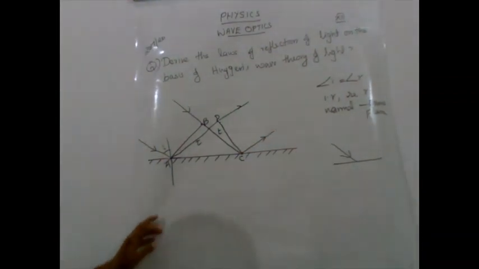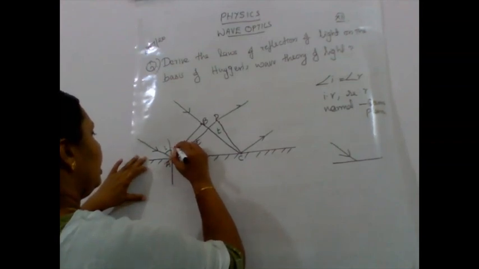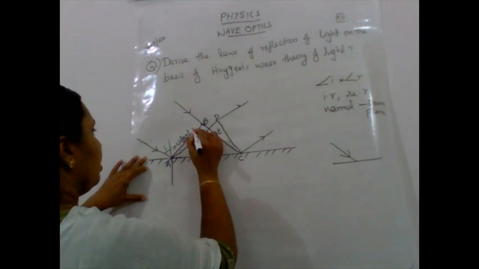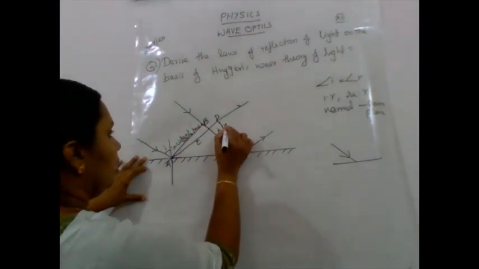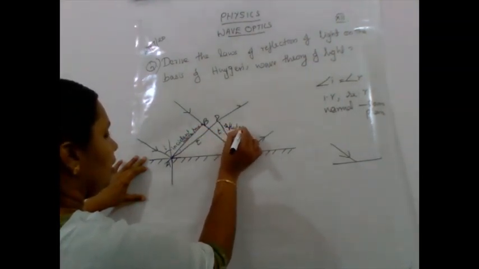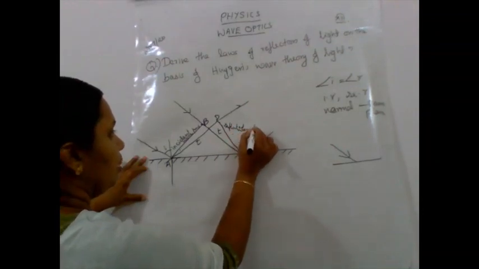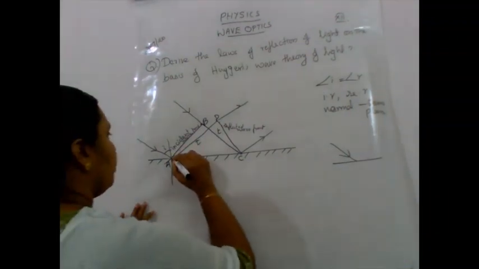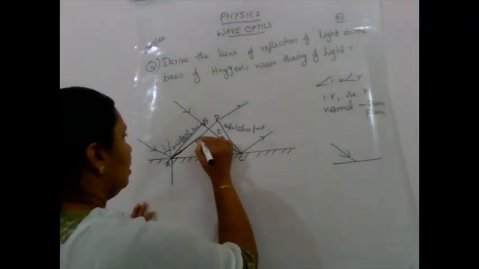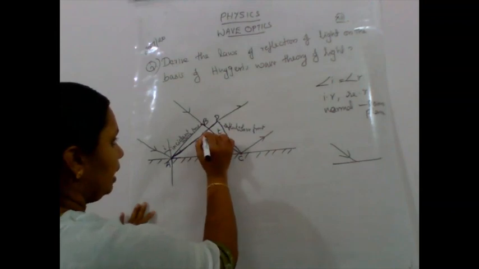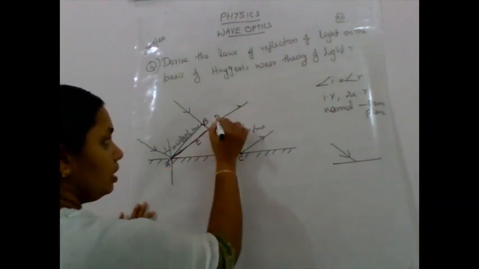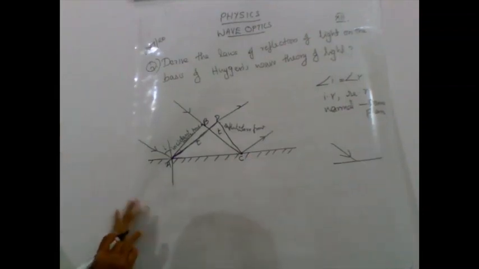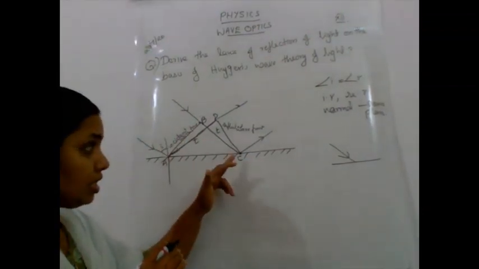So this is the incident wavefront and this is the reflected wavefront. Okay, so that is the time difference only. So within the time T, A reaches D, by the time B reaches C. So at that time when B touches C, we got a reflected wavefront.